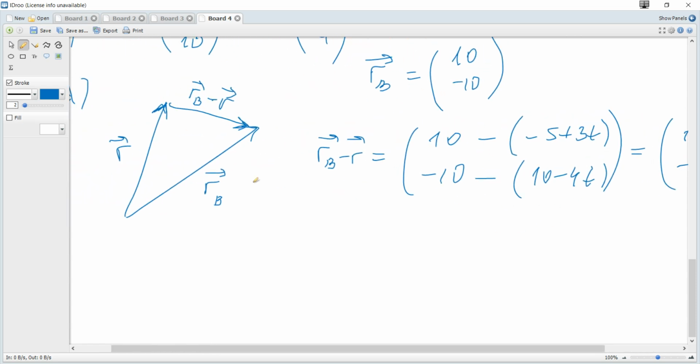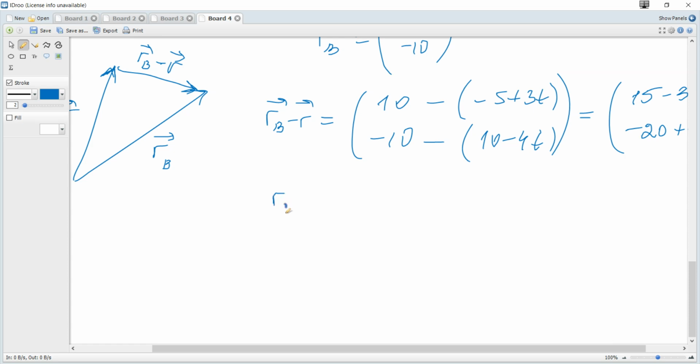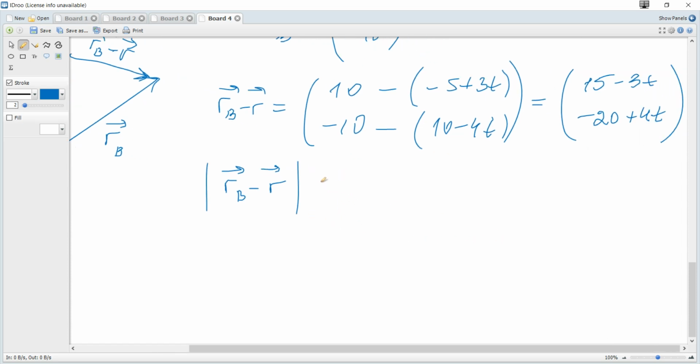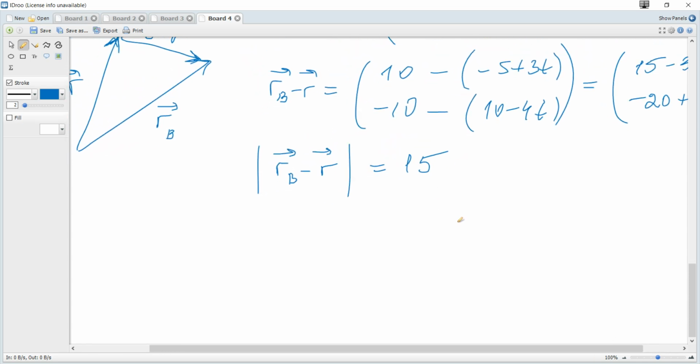And the magnitude of this vector. In general it can be considered R minus RB, it doesn't matter, because if we consider distance, it's the magnitude of this vector, and this magnitude should be 15. And what is the magnitude of a vector?